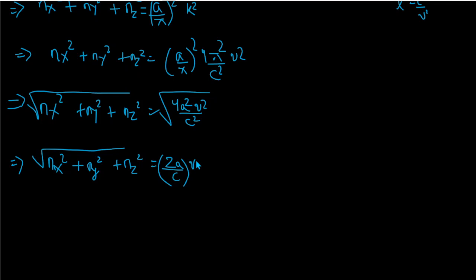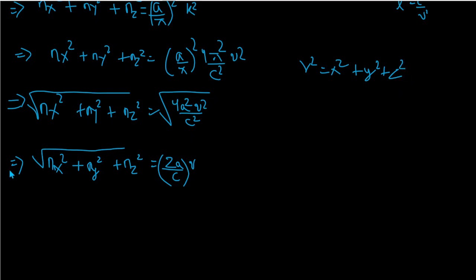Okay, so now here we have written our standing waves in the three axes, which are nx, ny, and nz. Now if you look at this expression carefully, it's making some sort of a sphere, right? Because the expression of a sphere is r square equal to x square plus y square plus z square.